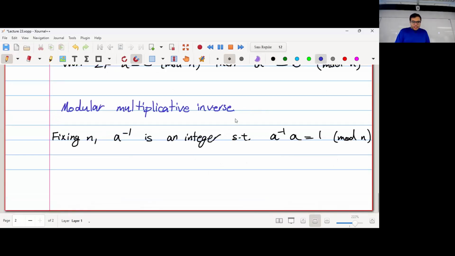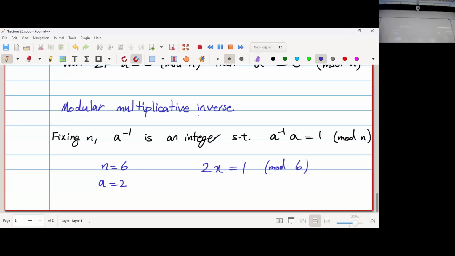Now you can easily see that not all numbers have inverses modulo all other numbers. So for example, if my n is 6, this is the example we had before, and let's say my A is 2. I cannot find any number that can be multiplied by 2 and gives me 1 modulo 6. So there is no number x such that 2x is 1 modulo 6. Why is this?